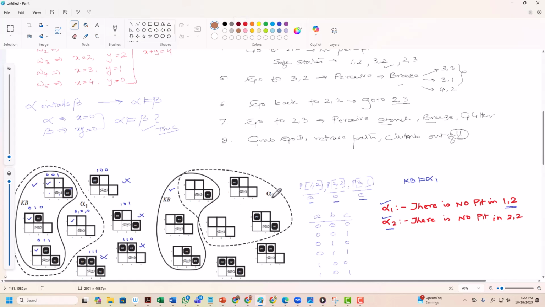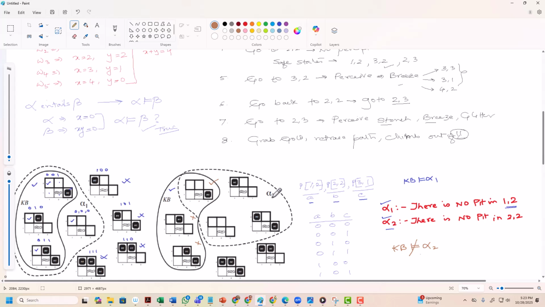Alpha 2 is true in this model of the knowledge base, but not in this and this model. So we cannot deduce that conclusion. That means the knowledge base does not entail alpha 2.